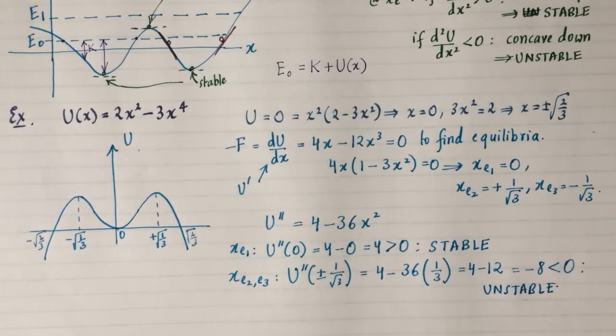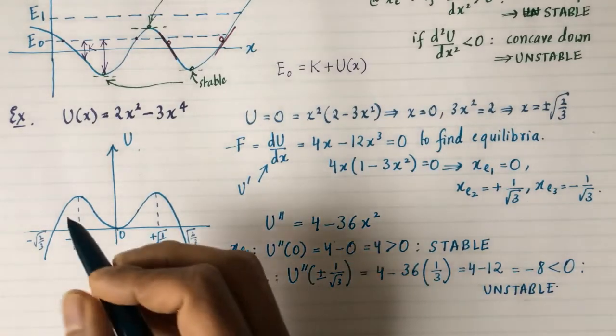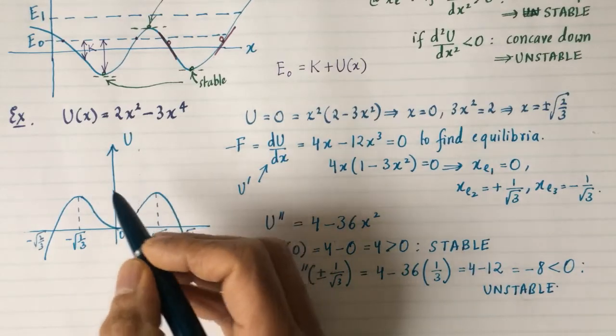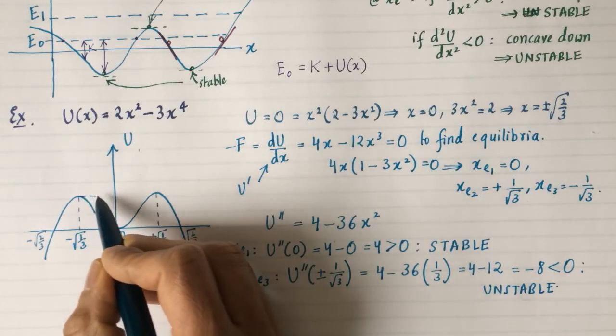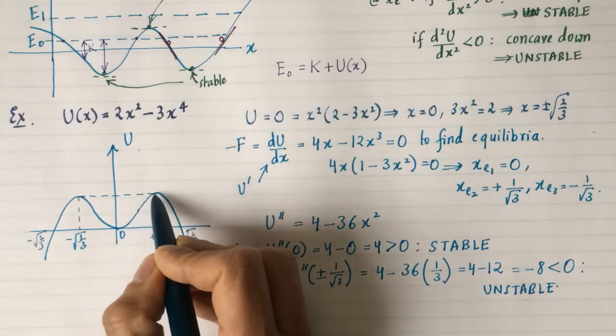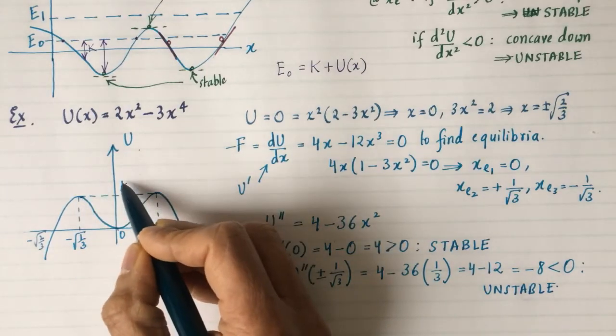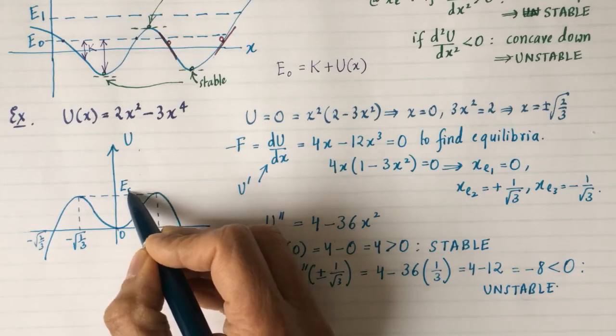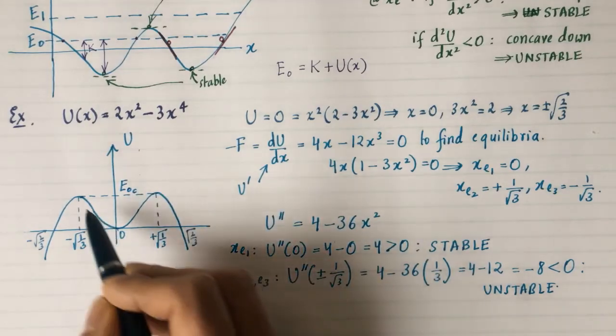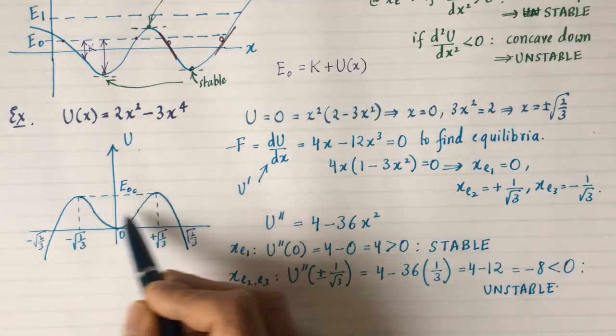Now, we can also find, just again to continue the fun, and because I have some extra time left, I usually try to keep these videos under 15 minutes. So let's also find the critical value of E naught, or E naught critical, so that the motion stays entirely in the stable region.